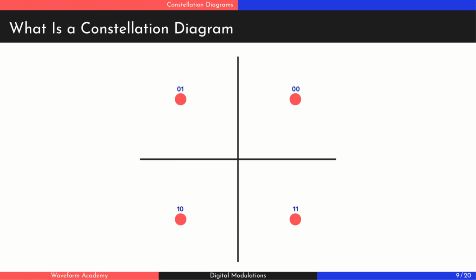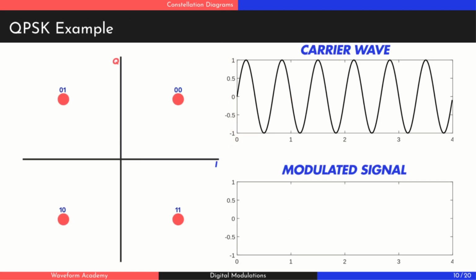The most common way to represent a digitally modulated signal is through a constellation diagram. This diagram visualizes the signal as a two-dimensional scatter plot in the complex plane, where the x-axis represents the in-phase component and the y-axis represents the quadrature component. For example, in this QPSK constellation diagram, all symbols have the same amplitude but differ in phase.